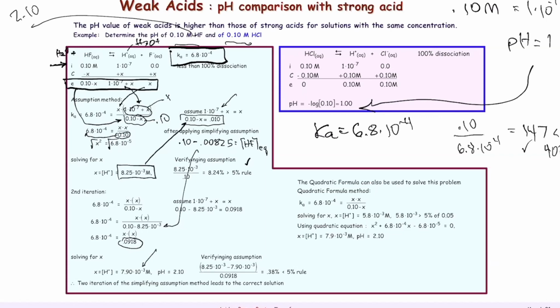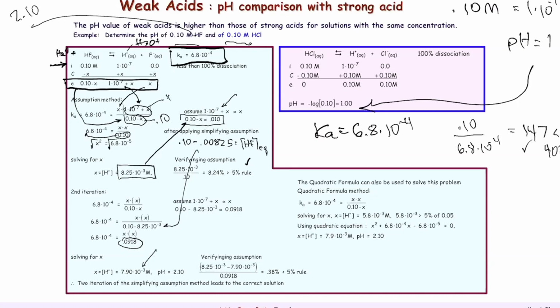Quite a big difference for the same concentration, and they're both halogenated acids. Why the difference? Because one is a strong acid. The original chemical would dissociate 100%. The other is a weak acid. The original chemical will only dissociate a small fraction of the time.